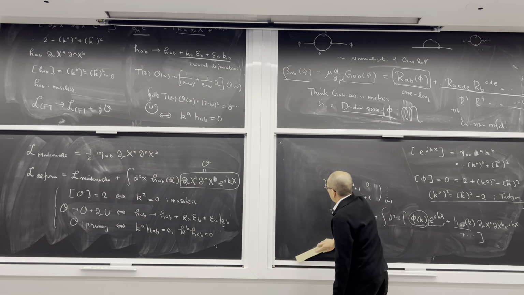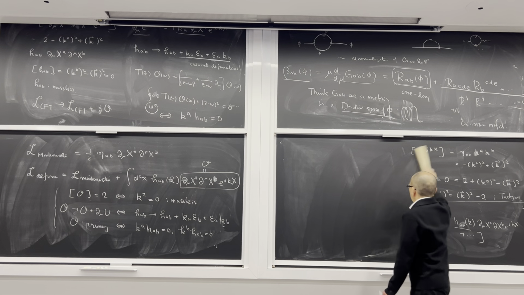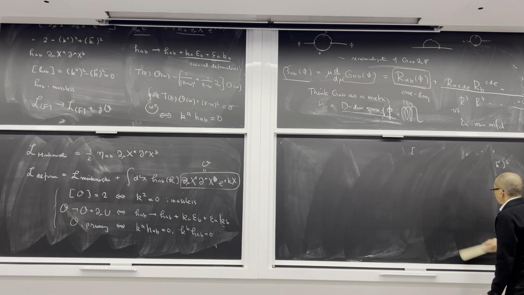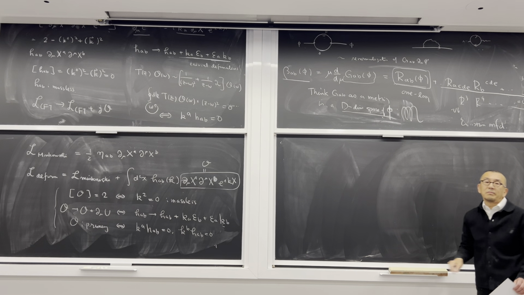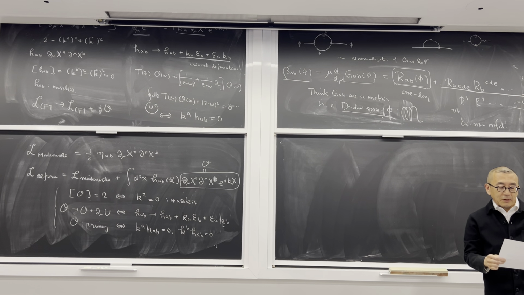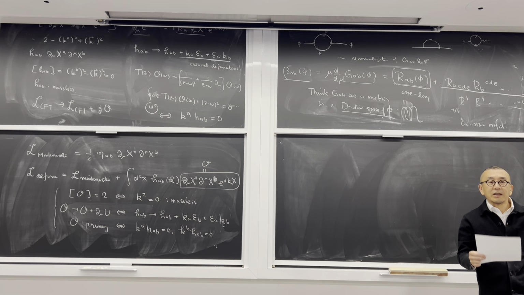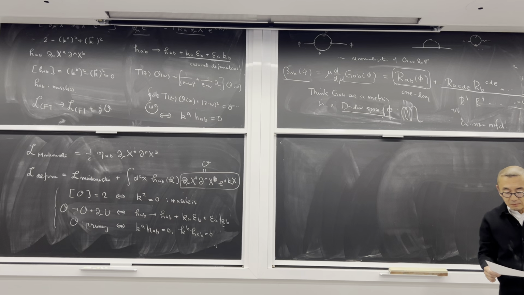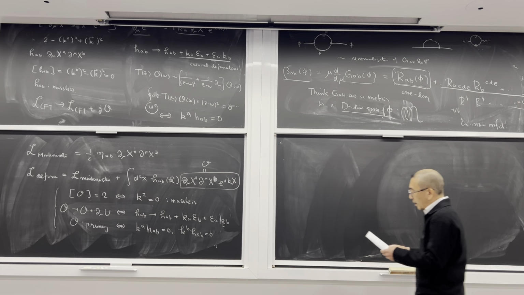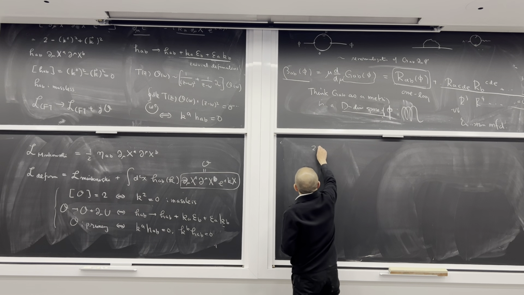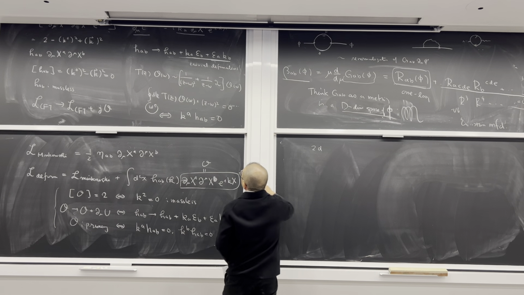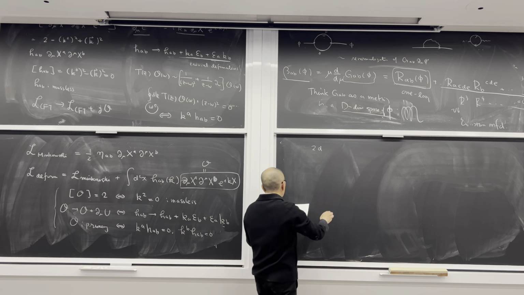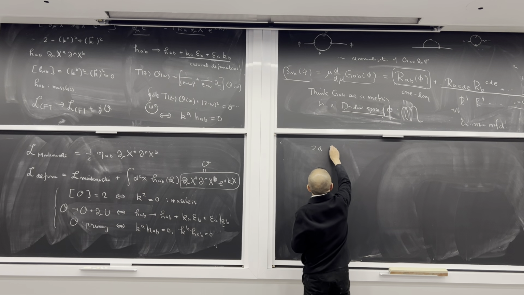But in the superstring, we can control what happens at higher order in the loop amplitude, because it has much milder ultraviolet divergence, and the possible counterterms are limited by supersymmetry. So we can consider a 2D sigma model. By the way, this type of Lagrangian is called a sigma model.